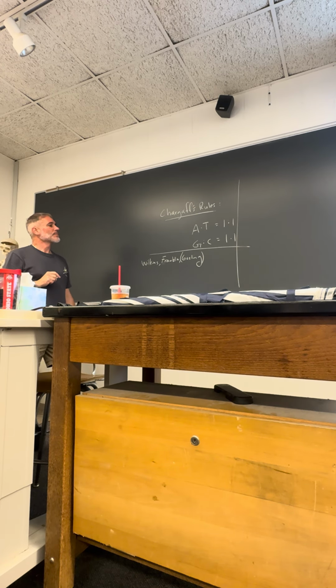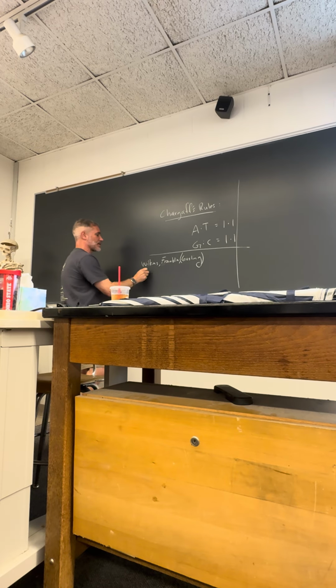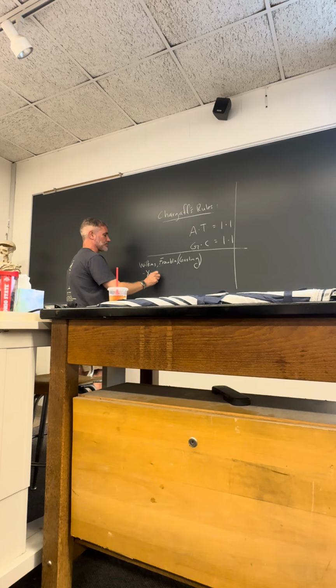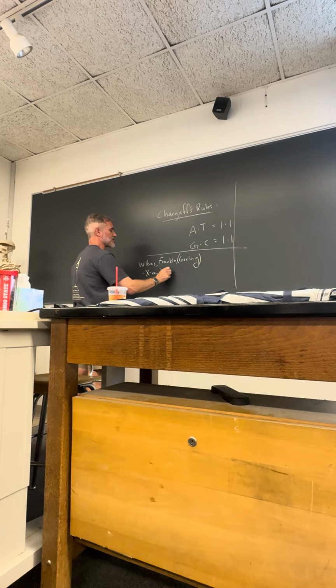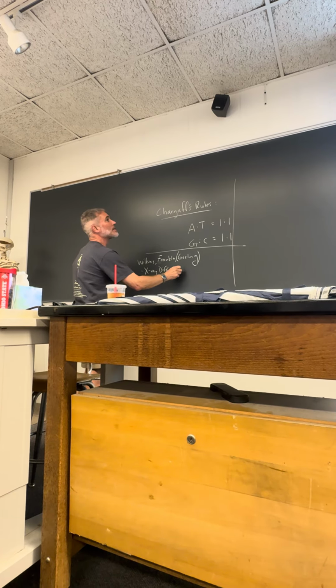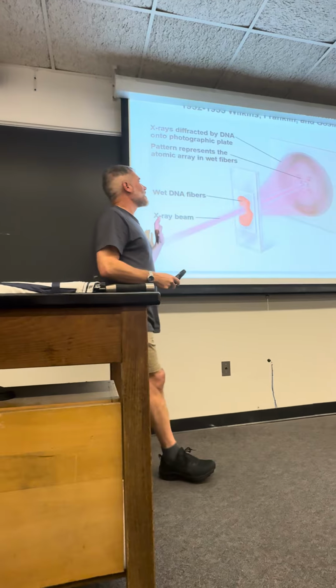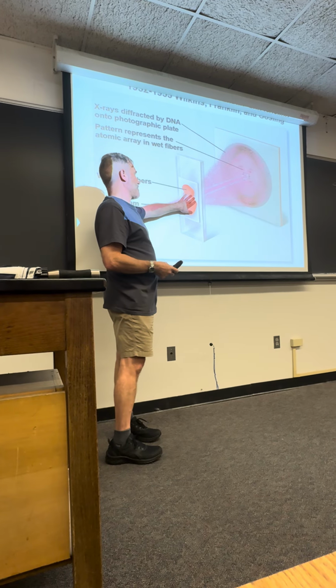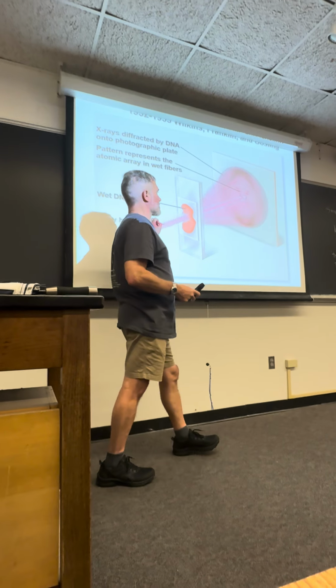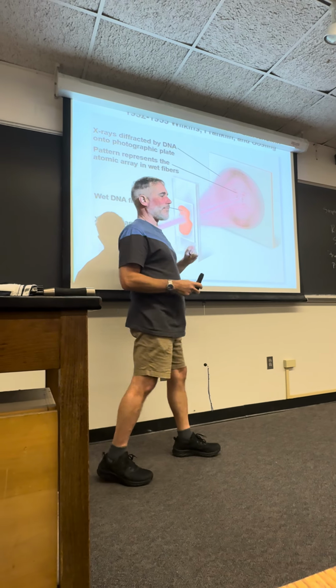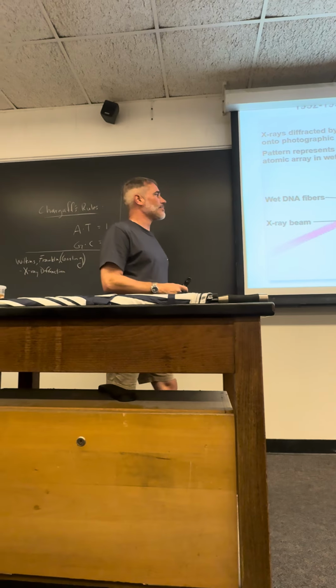These three folks used a type of technology called X-ray diffraction, which is what you see in that picture there, which is when you blast a substance, in this case DNA, with an X-ray, and then you look at how those X-rays scatter as they bounce off the nuclei in the molecule.